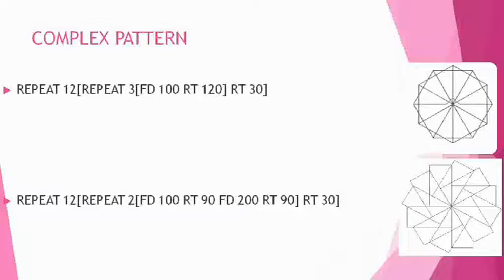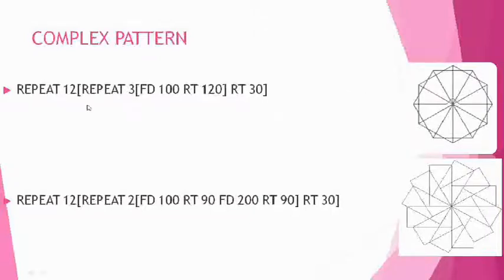Complex pattern means, if you look at this pattern, there is a triangle over here, and all together 12 triangles made this picture. So that means it's a little bit tougher than the previous one.